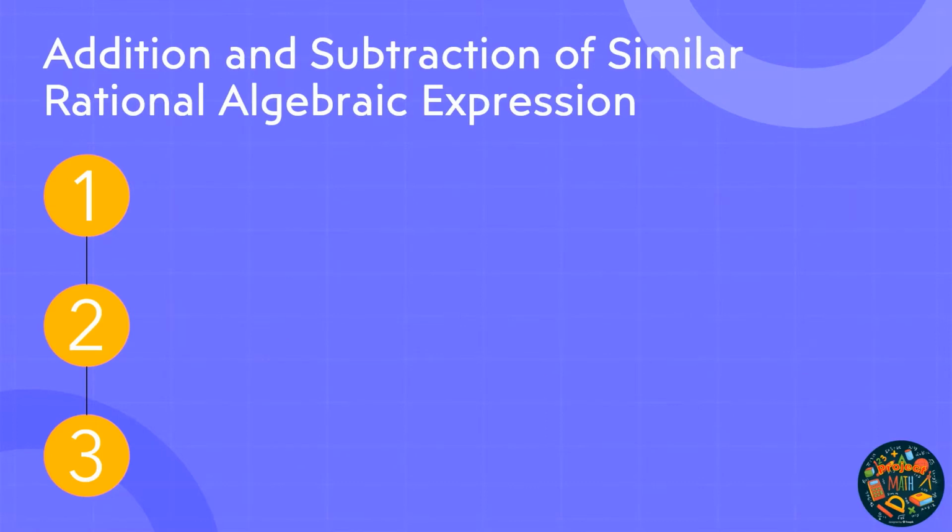So how is it related to addition and subtraction of similar rational algebraic expressions? Now, when we say similar rational algebraic expressions, these are expressions with the same denominator. So just like similar fractions, fractions with the same denominator. So let us follow the following steps.